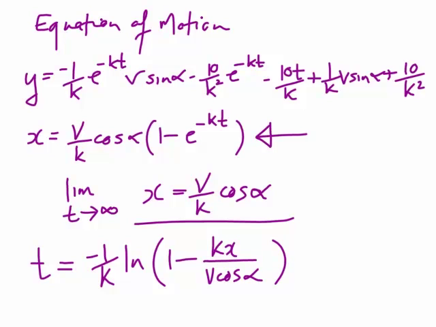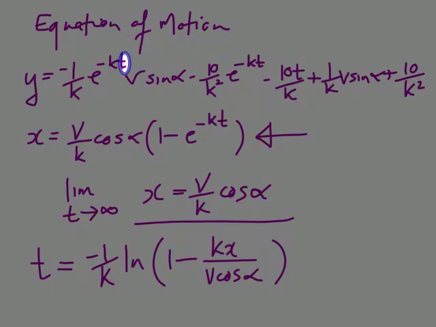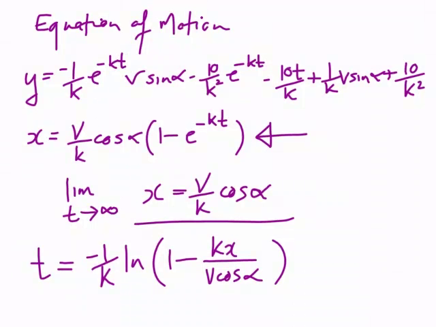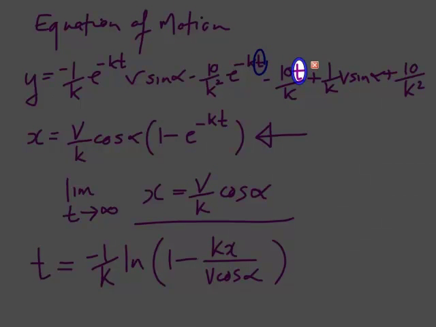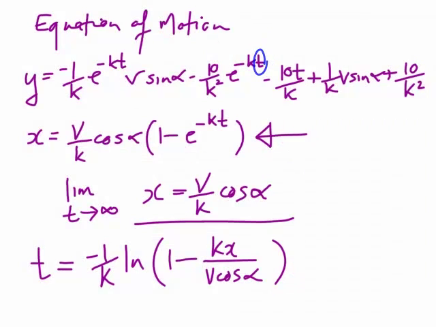Now that is the expression we need to substitute into the y, so into all these expressions here. You can see it's going to get a little bit tricky. That time has to go here, and here as well, wherever the time is. It's only 3 spots.